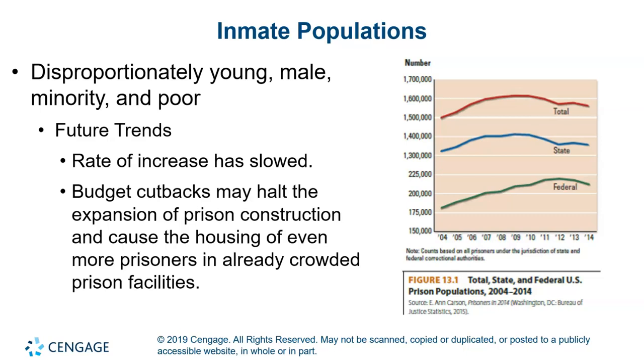Disproportionately young, male, minority, and poor. Compared to the estimated numbers of Black, white, and Hispanic males in the U.S. resident population, Black males were 6 times as likely and Hispanic males twice as likely as white males to be held in custody. And women still make up less than 10% of the total prison population.